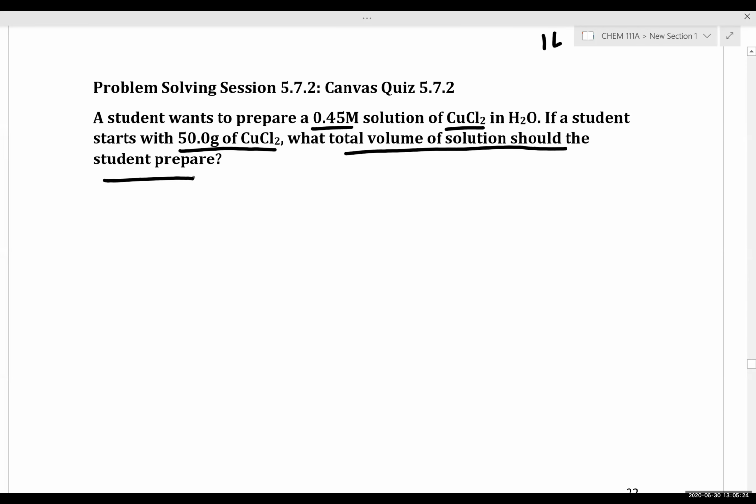Now let's take about 3 minutes to work on this problem. Don't be shy to message any questions or propose responses in the chat, or submit your responses via Canvas quiz 5.7.2. We will discuss this example in about 3 minutes, or once we have a reasonable pool of student responses.